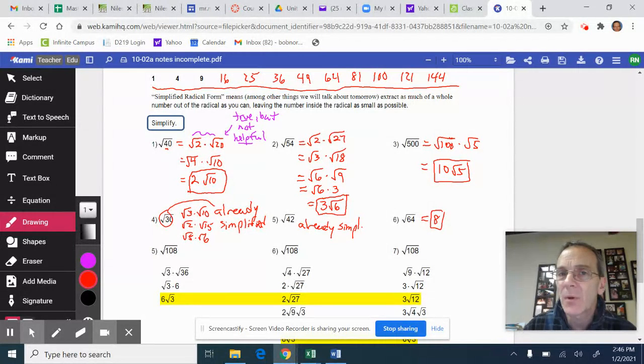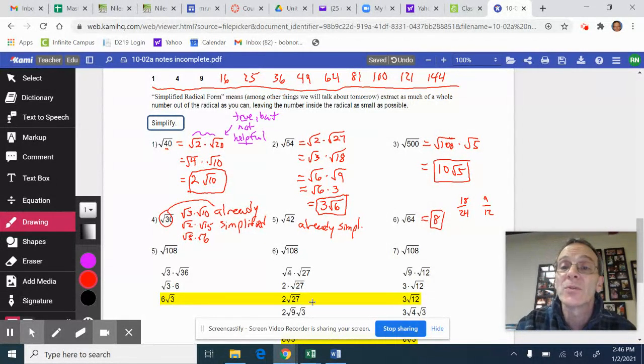But here's the problem. Only one of them is acceptable because only one of them is the most simplified. Okay? 2 out of those 3 answers can be simplified some more. It's sort of like reducing a fraction. If I gave you the fraction 18 over 24, and I said reduce it, and you reduced it to 9/12. Okay, well, partial credit maybe for reducing, but not full credit because you didn't reduce it completely.